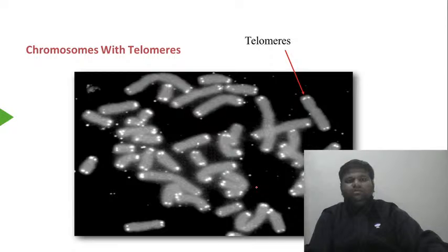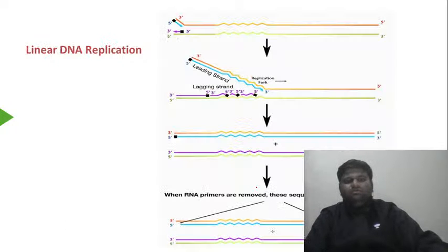Then there are some sequences present at the end of the chromosomes, and these are known as the telomeres. So these are the chromosomes with the telomeres.